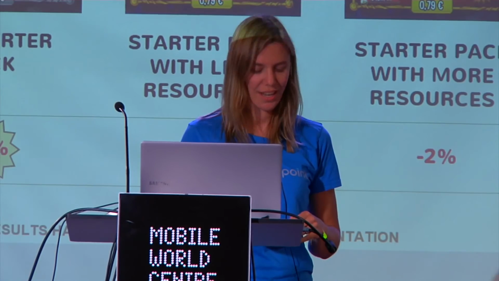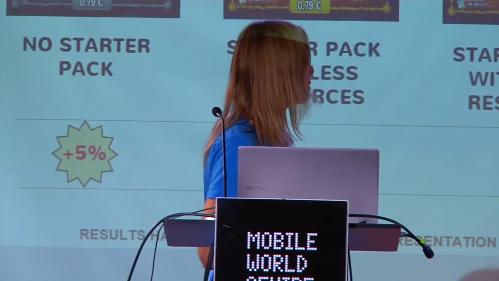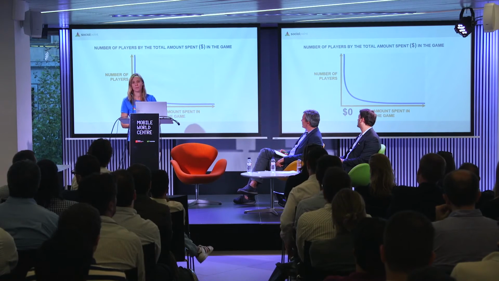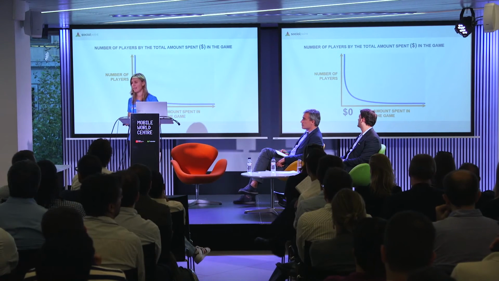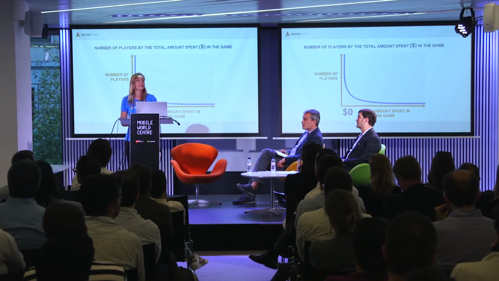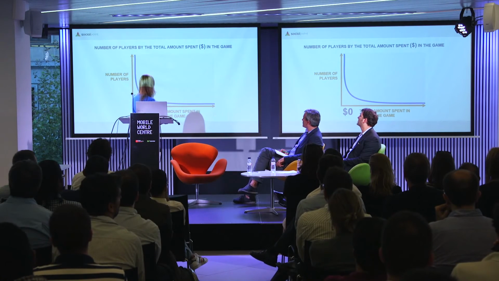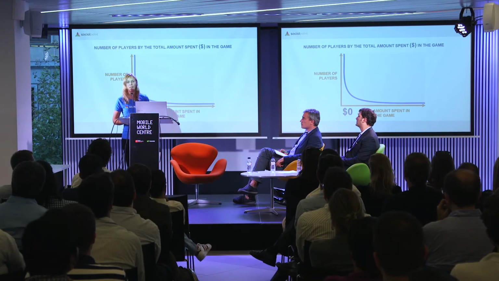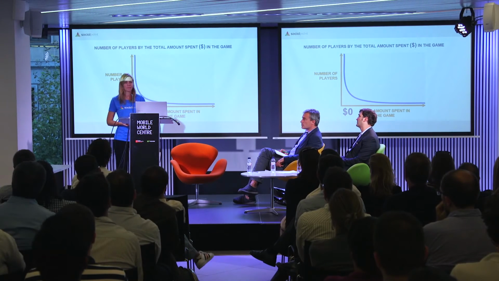Well, it's not that easy in our industry, unfortunately. As I said to you, the vast majority of people do not pay. They play the game for free. And so we end up having a very, very long tail and a very few people who spend a lot of money in the game.